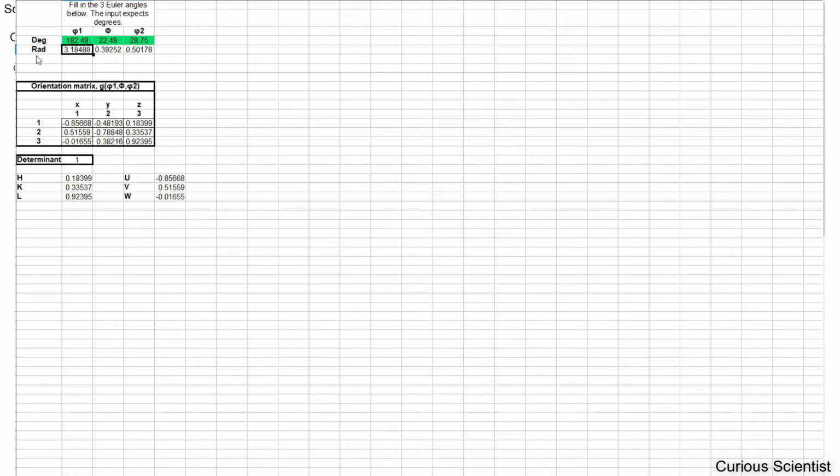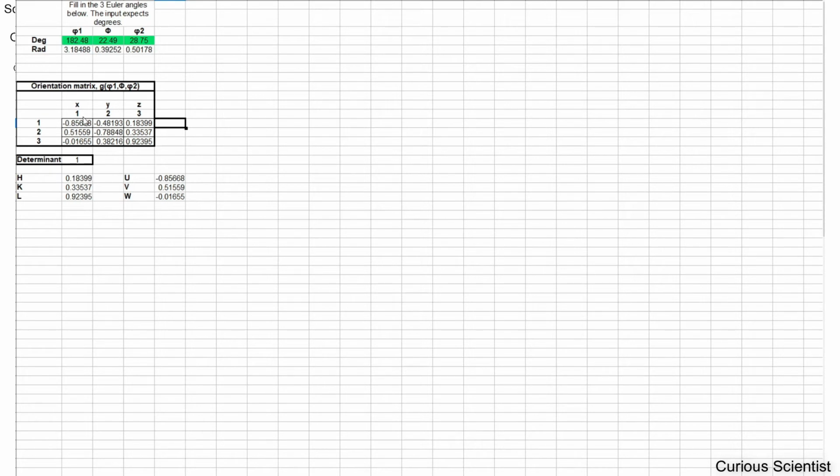And then first of all, we just convert everything into radians. And then based on that, we calculate the orientation matrix. So here you can see the 9 components of that matrix. And you really have to take care of the numbers, in the sense that if you use degrees, stick to degrees across the whole work, and if you use radians, then use radians.